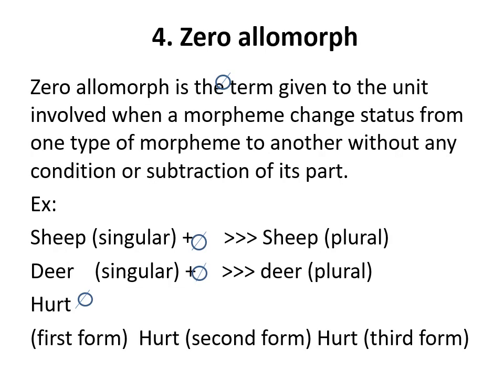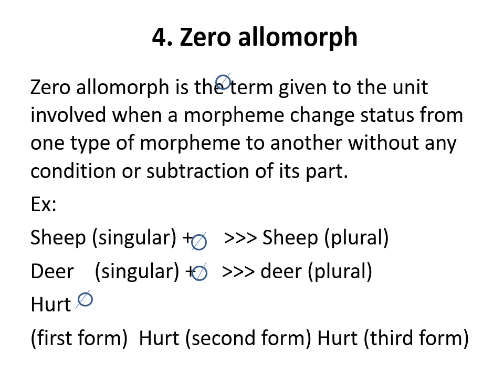Next type is zero allomorphs. Zero allomorph is the term given to the unit involved when a morpheme changes status from one type of morpheme to another without any addition or subtraction of its part, without any change in the spelling, without any change in the pronunciation. So spelling and pronunciation will be the same, but the form will be different: the singular form will be different from the plural form in meaning.